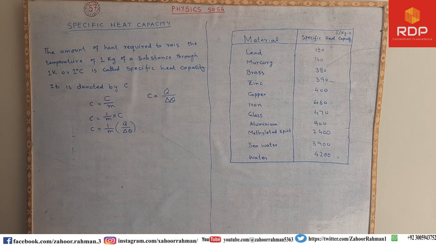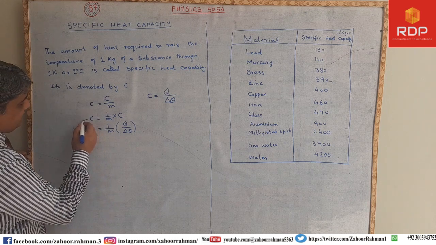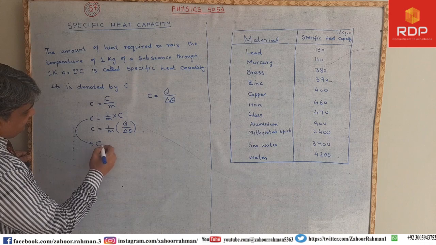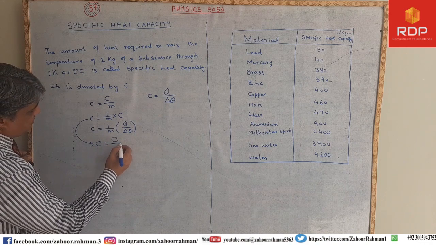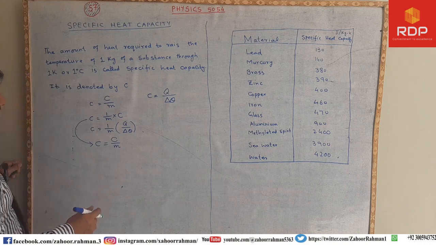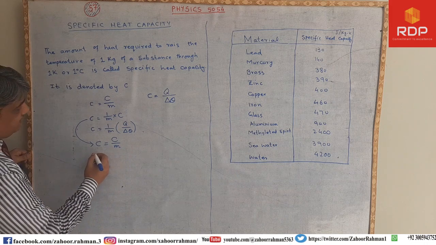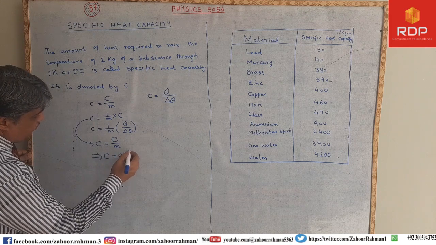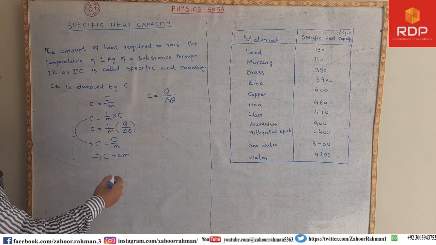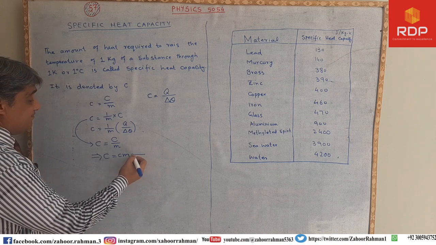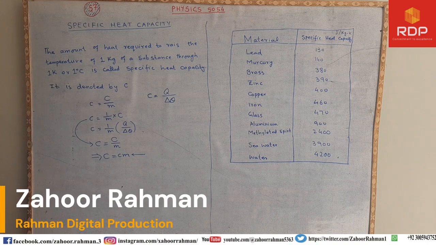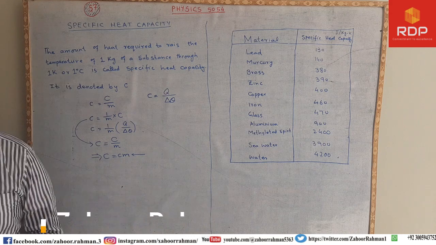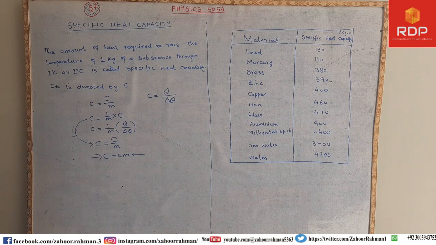But in the second context, from this we can take that small c is equal to capital C divided by m, which can be written as C is equal to c m. This is another mathematical form of the specific heat capacity.